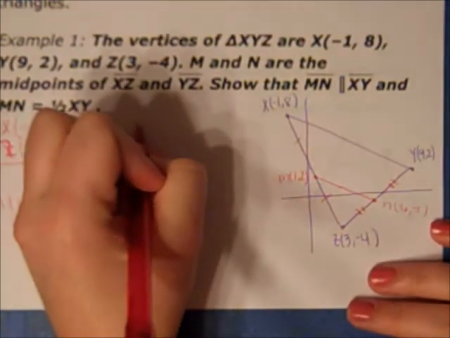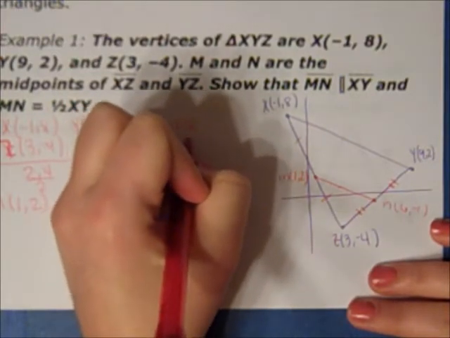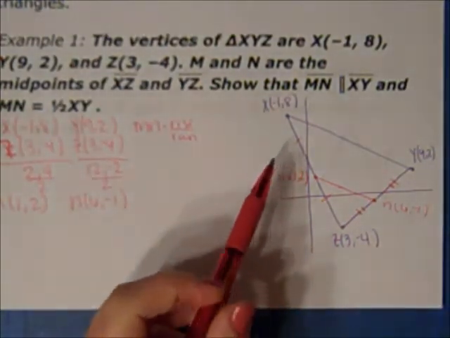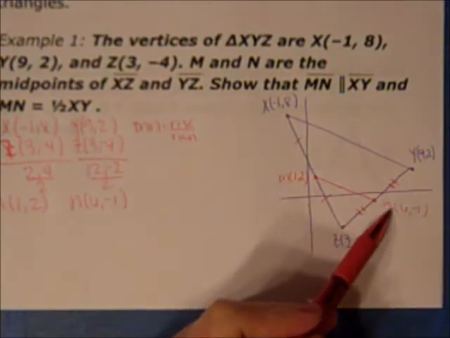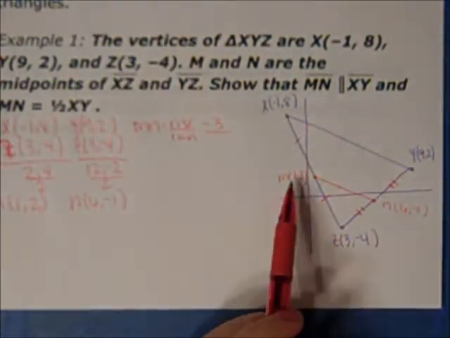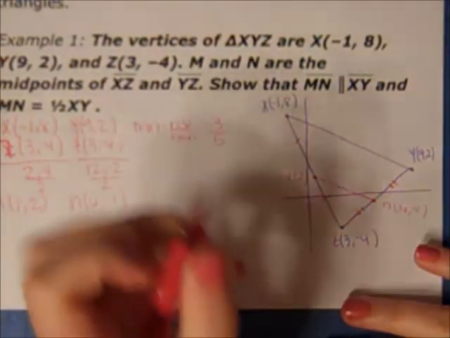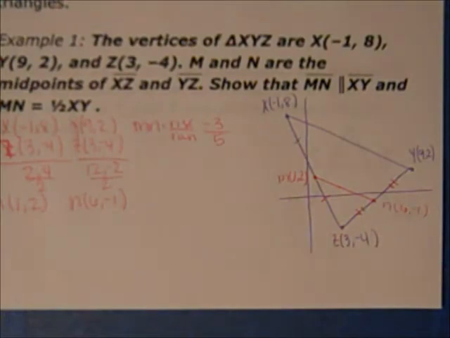So we're going to start by finding the slope of MN, doing rise over run. So from 2 to -1, I went down 3 places. And for your run, from 1 over to 6, I went over 5 places. So the slope of MN is -3/5.